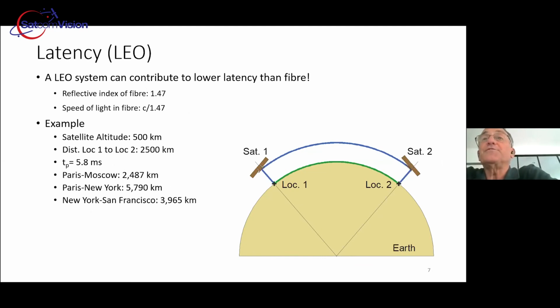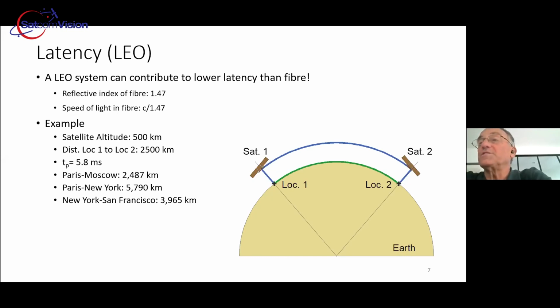LEOs have a further advantage, even with respect to fiber. Fiber has a refractive index of about 1.47, which means that the speed of light in fiber is slower by that amount. If we take the example that we're seeing in the slide, we try to communicate between location 1 and 2.